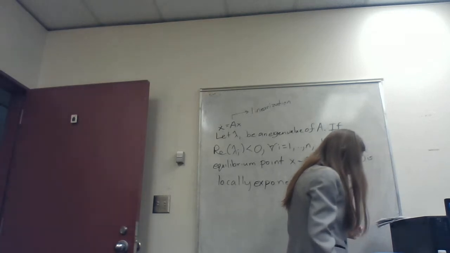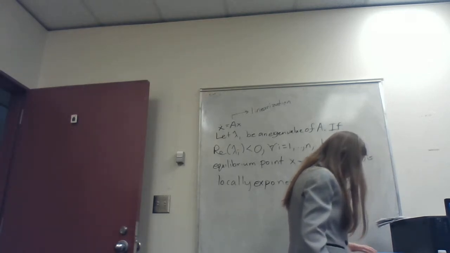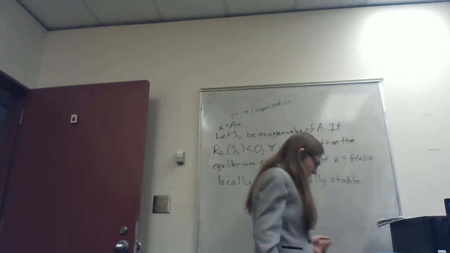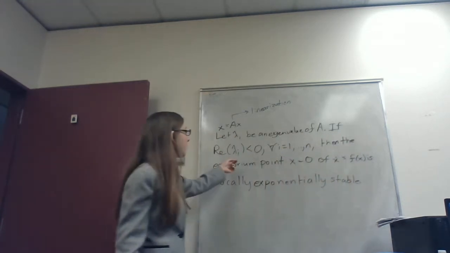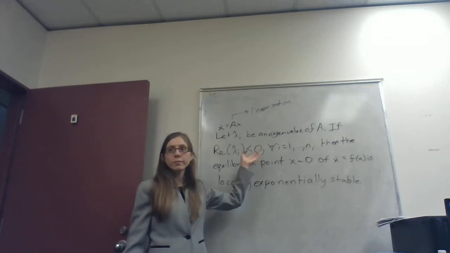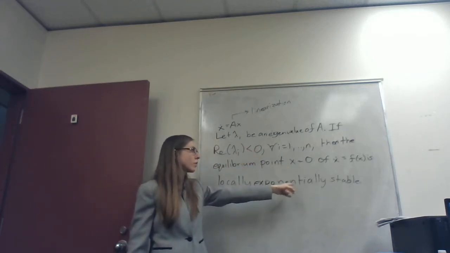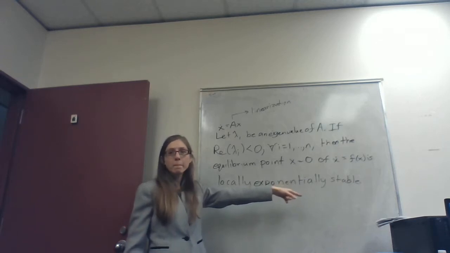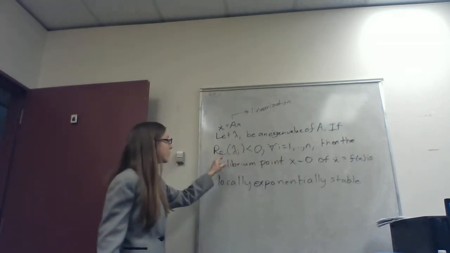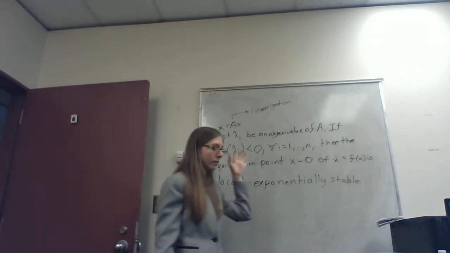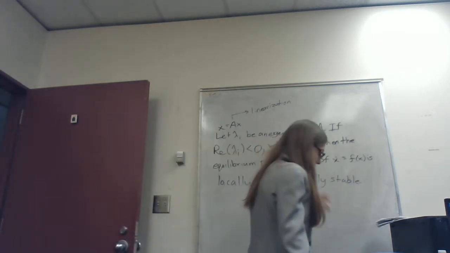If any of your eigenvalues was positive, then you could say that the origin of the nonlinear system was unstable. But if there are 0 eigenvalues, you can't conclude anything from the linearization alone.